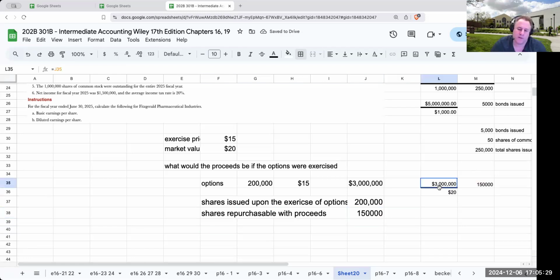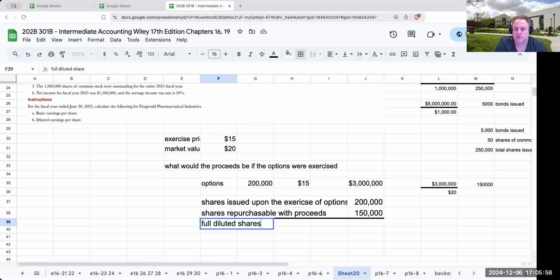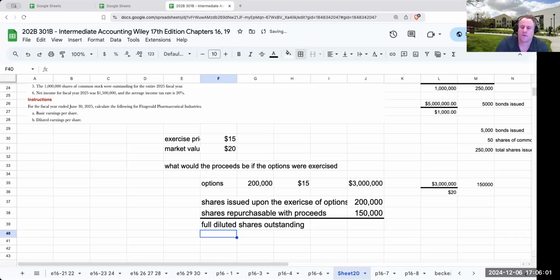If I got 3 million and went out on the open market and spent $20 per share, I could repurchase 150,000 shares. So effectively, my incremental, or additional, fully diluted shares outstanding are going to be 50,000.